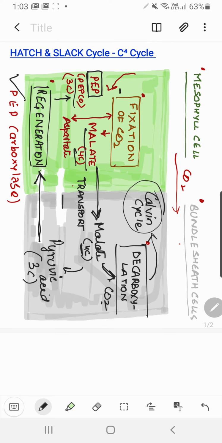This is the Hatch and Slack cycle. All the main details are there. This cycle is given in your book too, and is very important for examination purposes. So practice them, and practice how to draw this cycle for your exam.